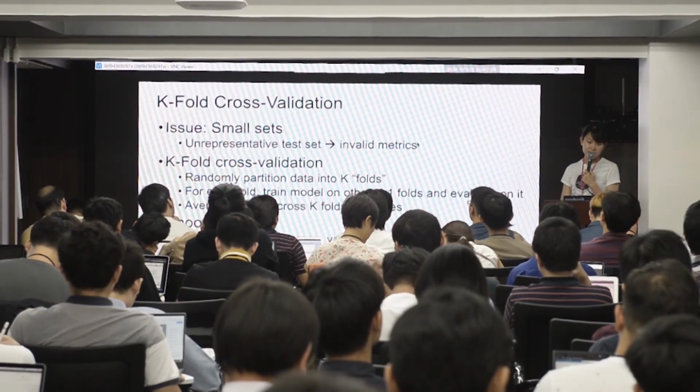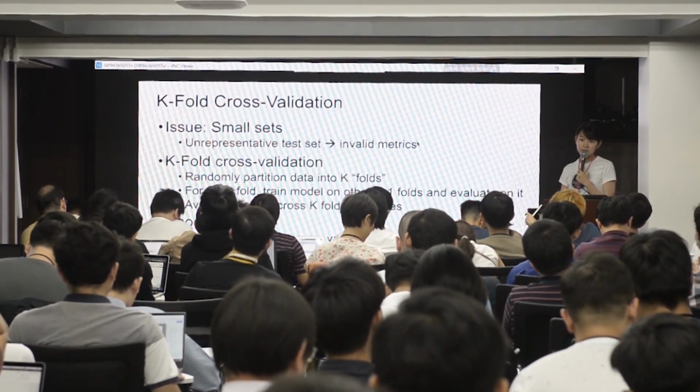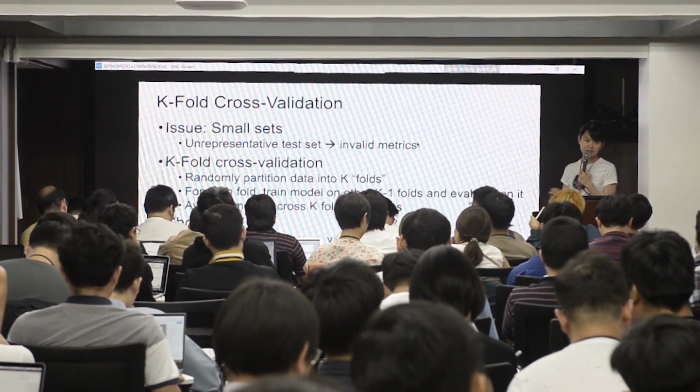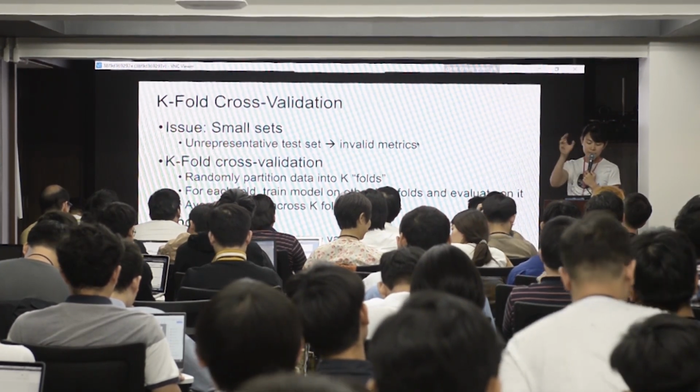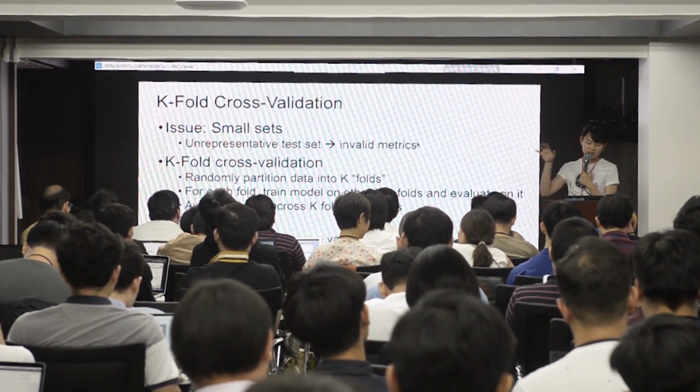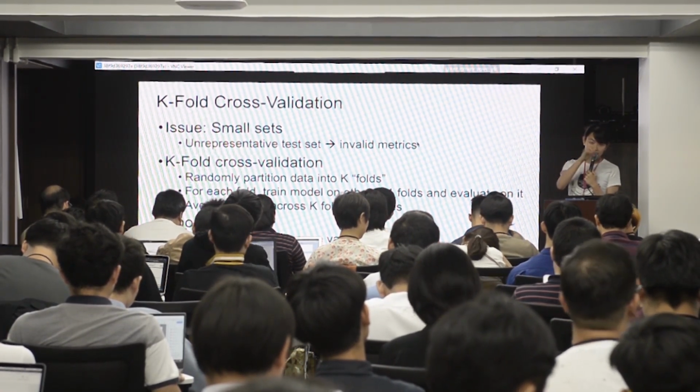And another useful technique is called k-fold cross-validation. Think of it this way: you have a really small data set, and it's really hard for you to split it into training and testing data. So you can randomly split it into k folds of data, and on each run, you keep one fold out and train on the other k-1 folds using these models, and then you test on the held-out fold.